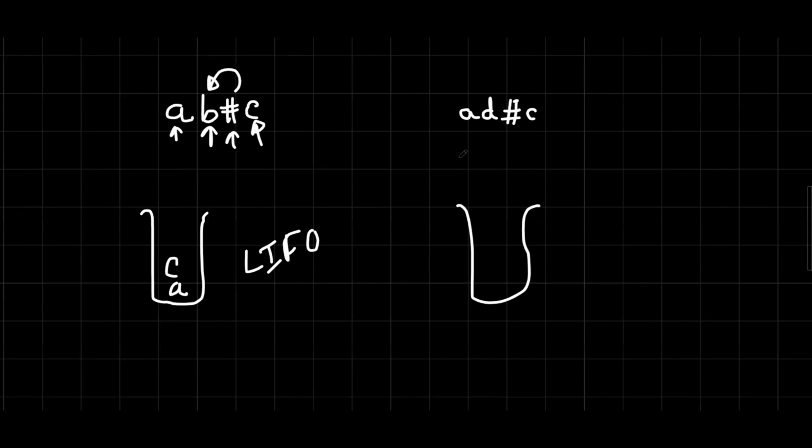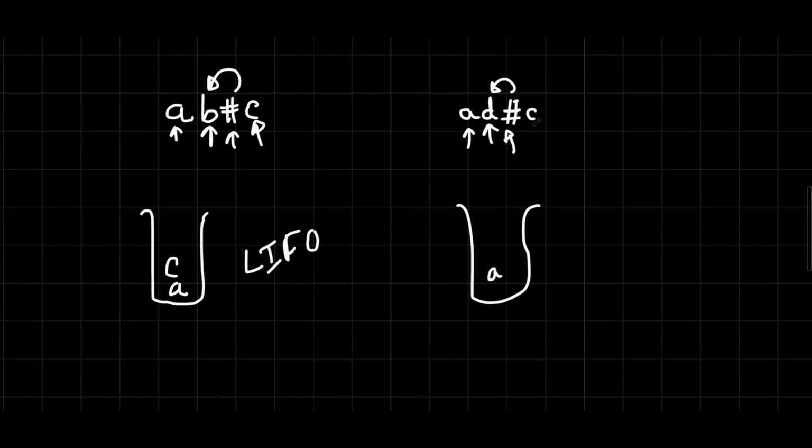Similarly for string 2, at first we are at character A, so A is added here, and then we are at character D, so we add D into the stack. Now we are at the backspace character hash, which means we have to remove the top element of the stack. So we remove the element D from the stack.